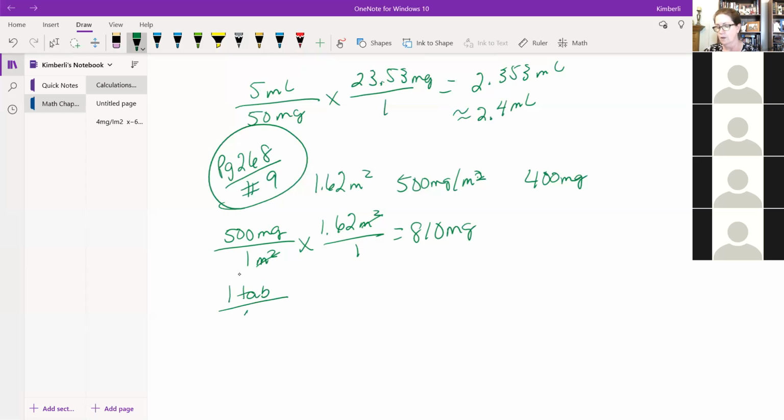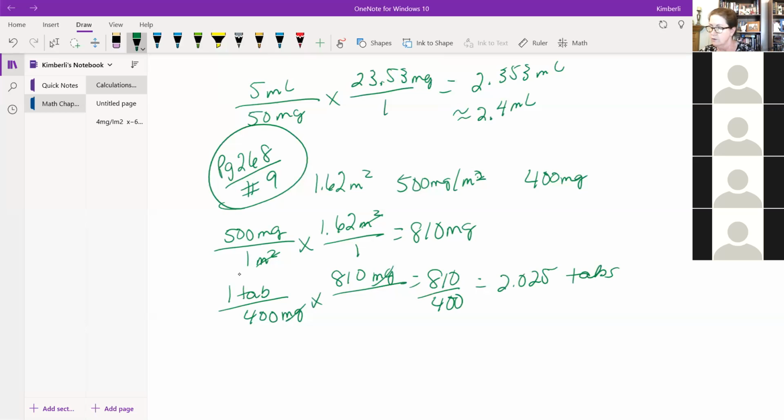Yep. 1 tablet is 400 milligrams. We want to give them as close as we can to 810. That's 2.025 tablets, and we're going to ignore the 0.025. So we're going to give them 2 tablets per dose.